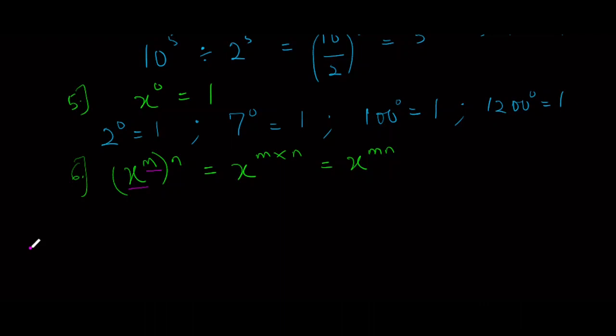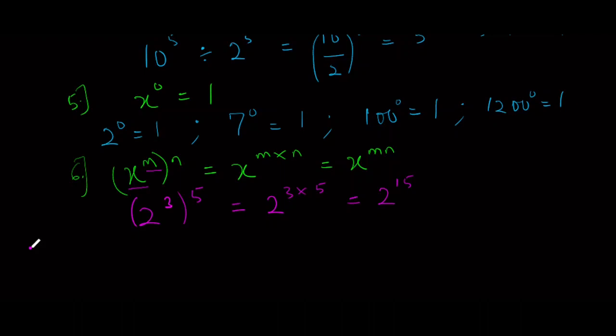For example, we have 2 raised to power 3 enclosed in brackets with another power 5. We are going to have 2 raised to power 3 times 5, and that will give us 2 raised to power 15.